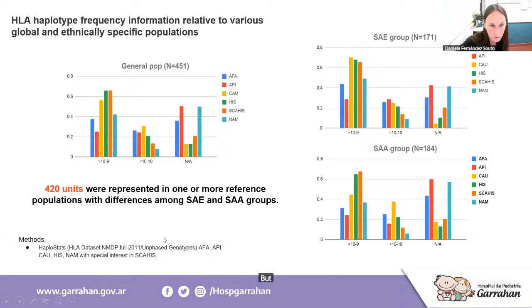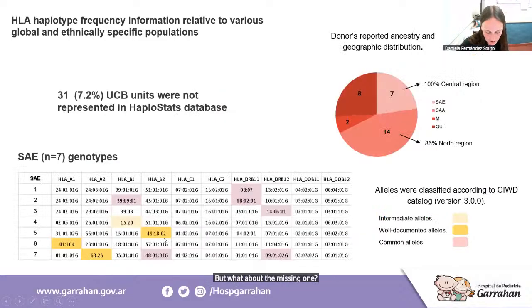But what about the missing ones? Among the 31 not represented in the Haplostat database, about 7.2% of the total, only 7 were reported as having a European ancestry, and all of them were collected from the central region of Argentina, obviously.